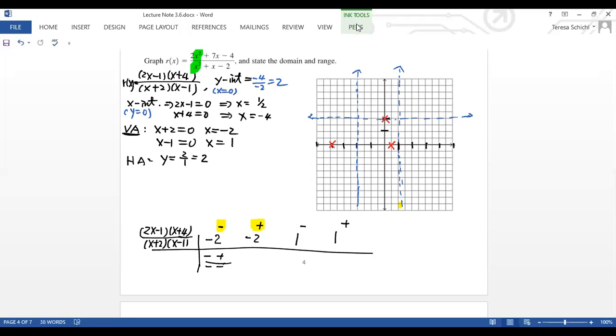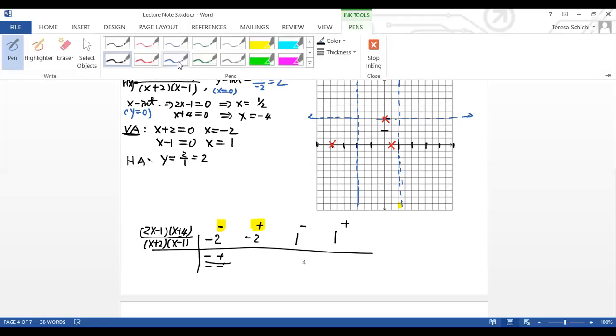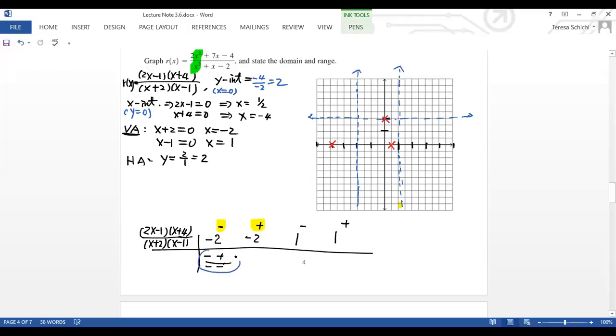So the whole thing will be negative. That means as I approach negative 2, I'm going down.